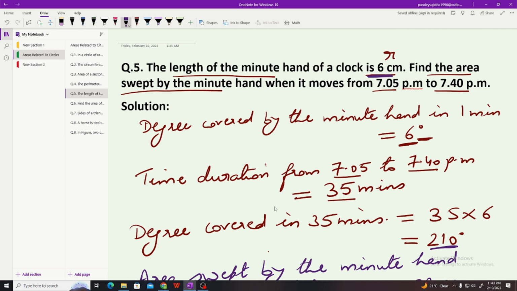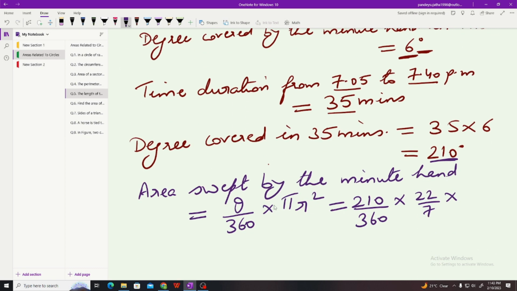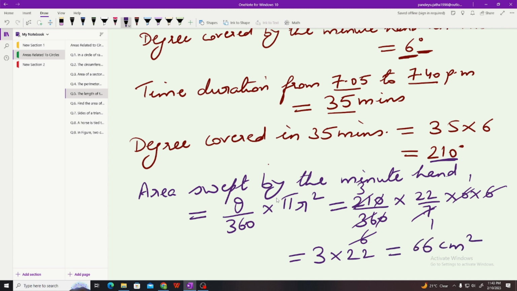So in place of r, we are going to write 6. 6 into 6. Cancel. So we get the area swept by the minute hand as 3 into 22, that is 66 centimeter square.